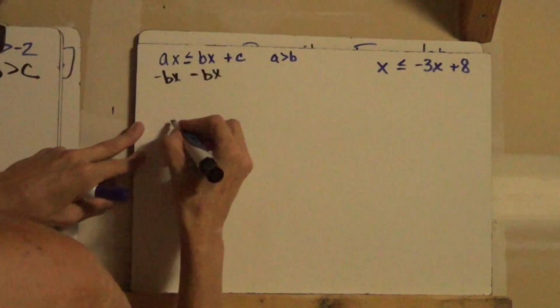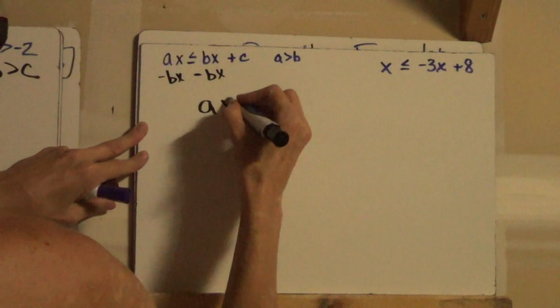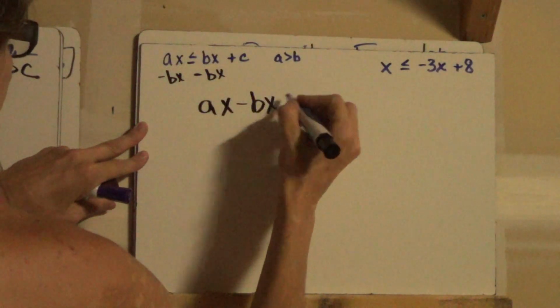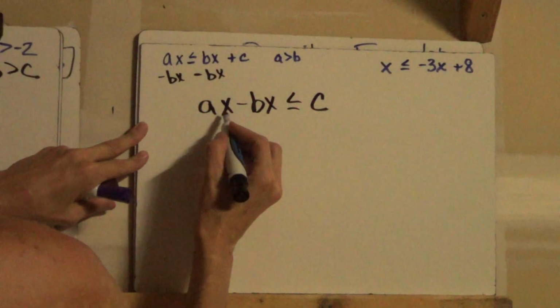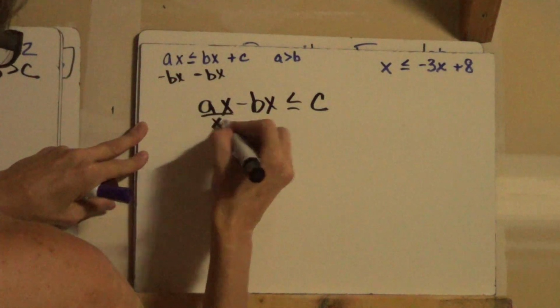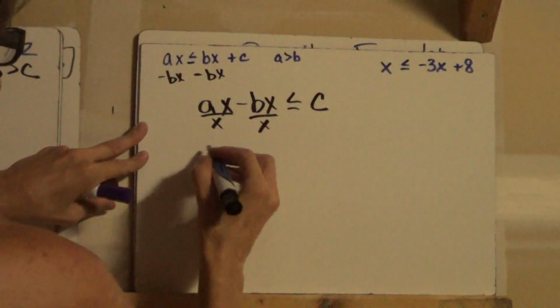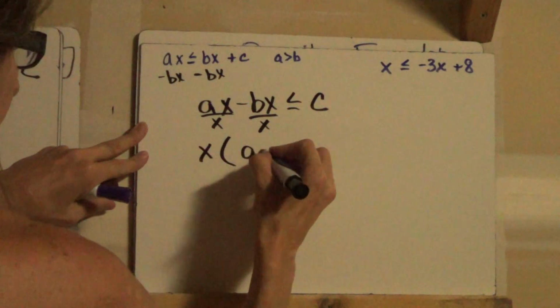Subtract bx from each side to move it over here, so we get ax minus bx is less than or equal to c. Now we can factor out this x. I do that to show you I'm taking it out, distributing it out of those.